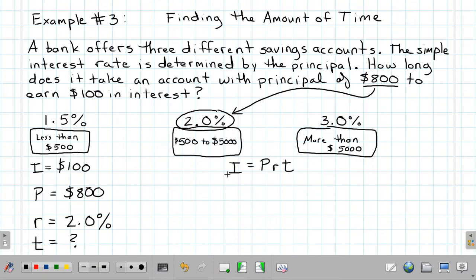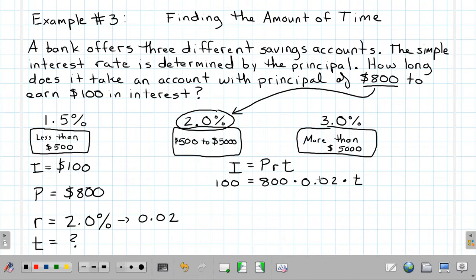So when we plug in, we know I is 100. We know P is 800. We know R is 2%, but once again, we need to write that as a decimal, so 0.02. And then lastly, times the T, which is what we're looking for.